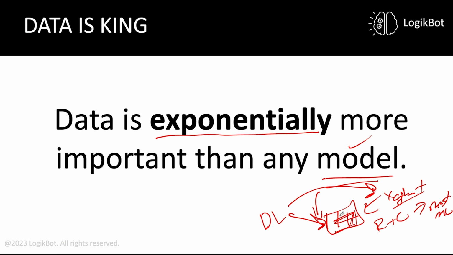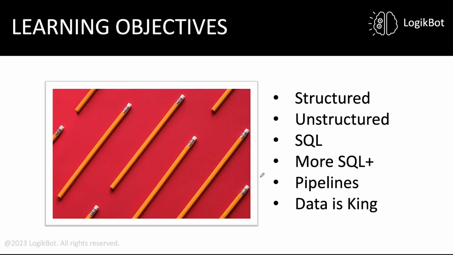If you know anything about Kaggle, the king of Kaggle, and all those that do really well in Kaggle, are feature engineering experts. They're not modeling experts. This idea that they do better with models is nonsense. The best Kaggle people are data people. They know data.